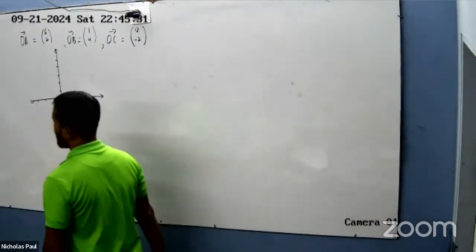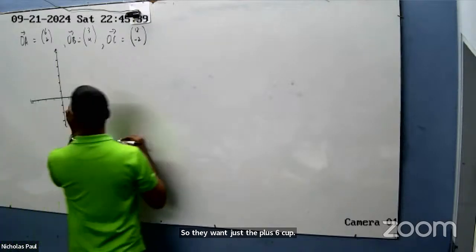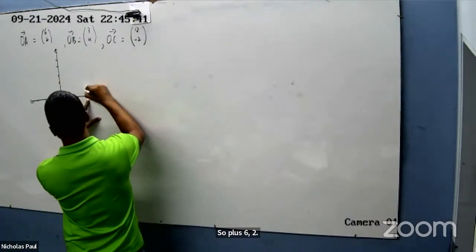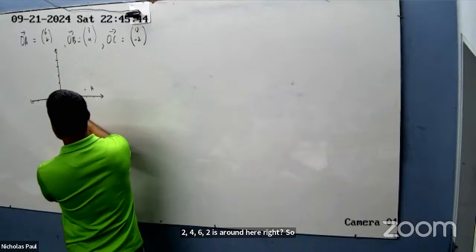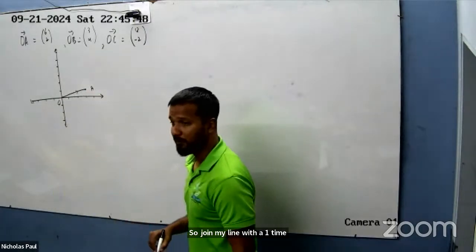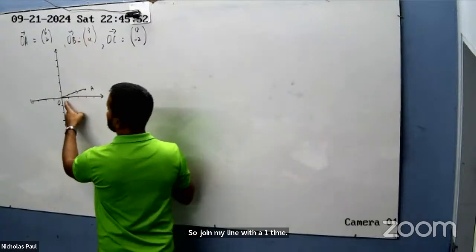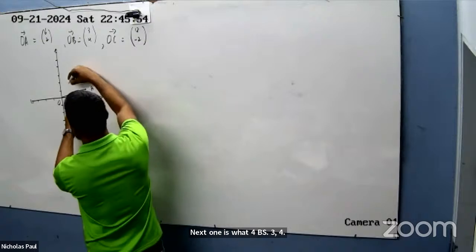So they want us to plot 6, 2 first. So plot 6, 2. 2, 4, 6, 2 is around here, right? So that's A. So I join my line O to A one time. That's okay? Next one is what? OB is 3, 4. So I average in, 2, 4, 3, 4 might be somewhere here.